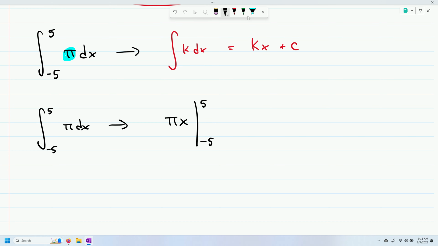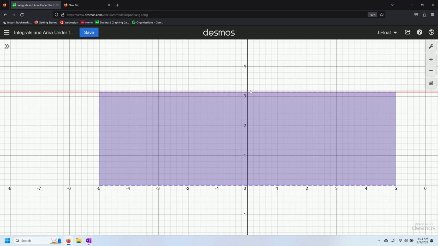Now visually, here's what's happening. Right here in red, the red line going across, that is the graph of y equals pi. That is a horizontal line with the y-intercept 0, pi. The shaded region represents the area that we're trying to find. So we're trying to find from negative 5 to positive 5, okay?